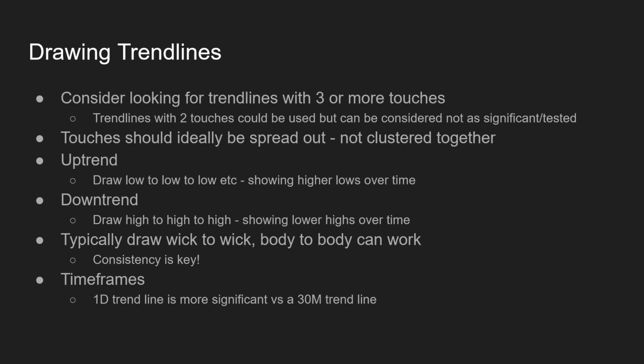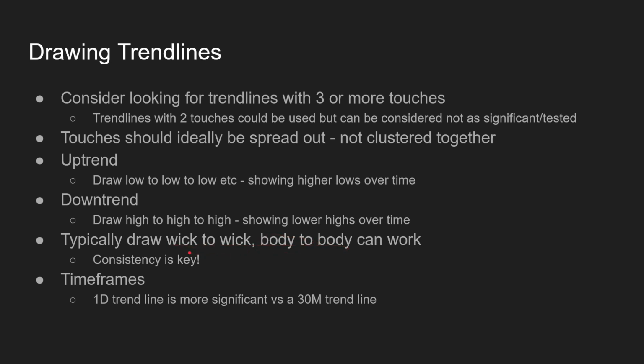Now, typically, you could draw wick to wick, but body to body can work as well. That really depends on your preference. If you want to take a much more conservative approach, you could use body to body. The main thing is consistency. Consistency is key. Only go body to body or only go wick to wick.